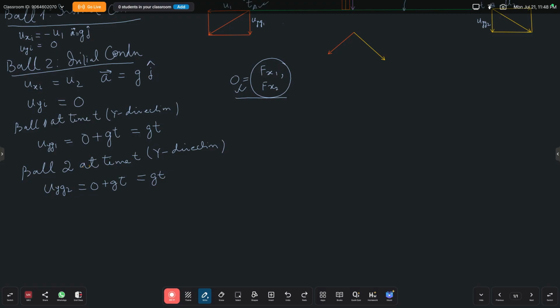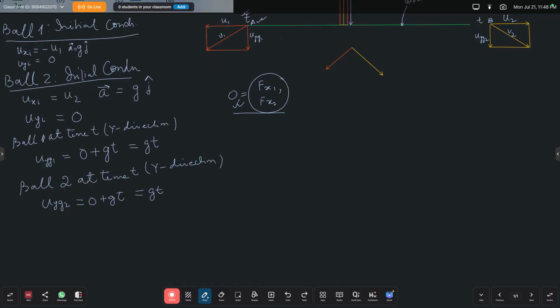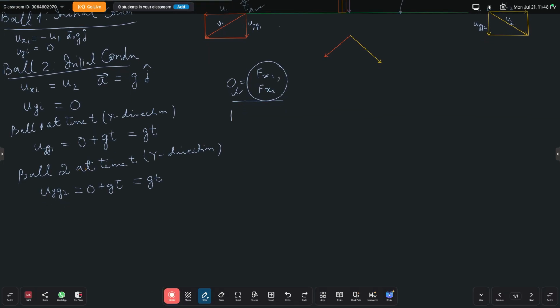If we write the resultant velocity at point A for ball 1 as v1, and for ball 2 as v2, we can write v1 and v2 in vector form. v1 will be the x component of the ball in the x direction, that is minus u1, so we can write minus u1 i.